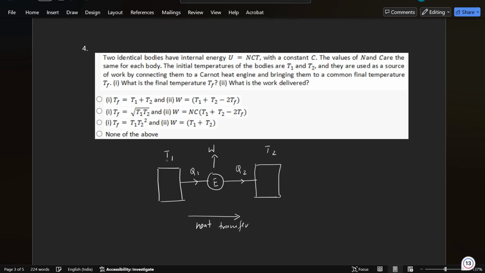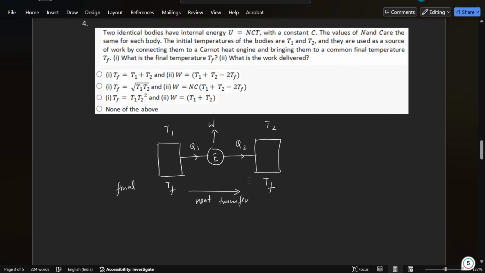And finally, the work done will stop because at the end, in the final state, both the temperatures will be the same. Since there's no temperature difference, you cannot do any work after that.